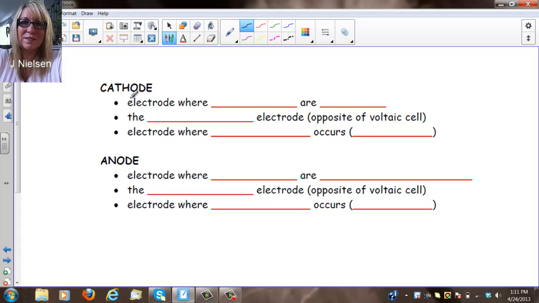In an electrolytic cell, the cathode is the electrode where electrons are sent, and it is the negative electrode, which is opposite of a voltaic cell. It is the electrode where reduction occurs.